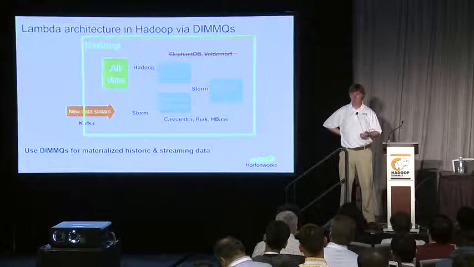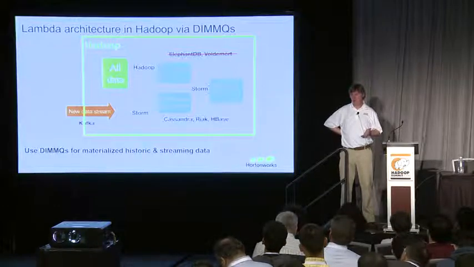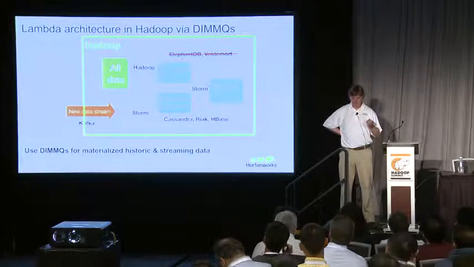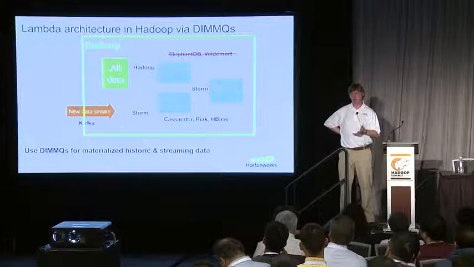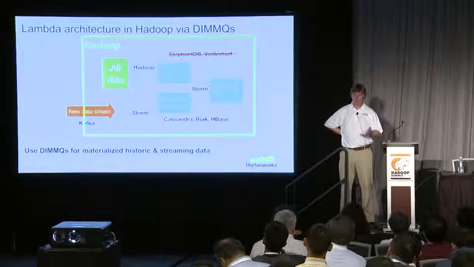The good thing about this, as opposed to the classic Lambda architecture, is that the classic Lambda architecture requires quite a lot of duct tape. You need to write your application so that it understands how to read these results that have been generated by the batch system.